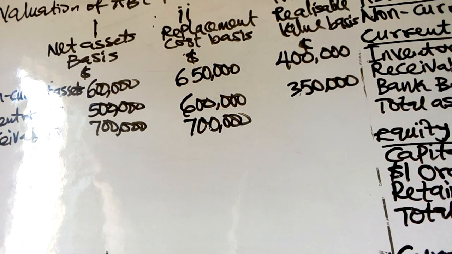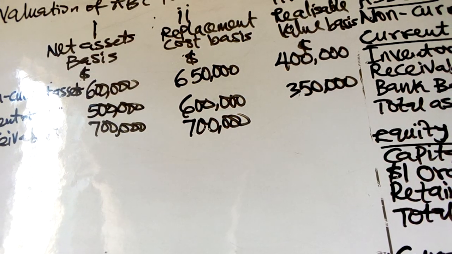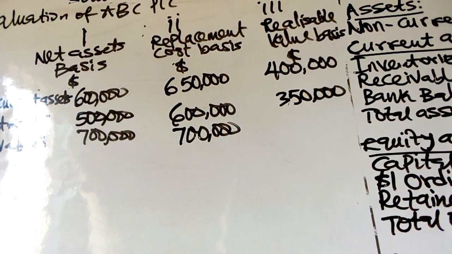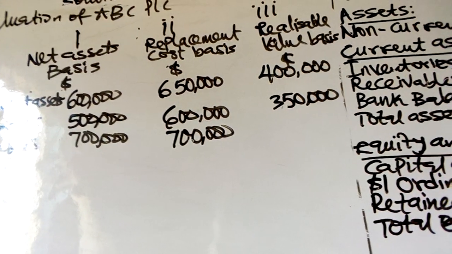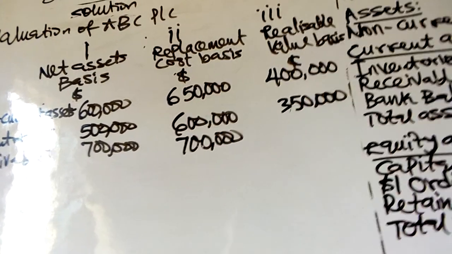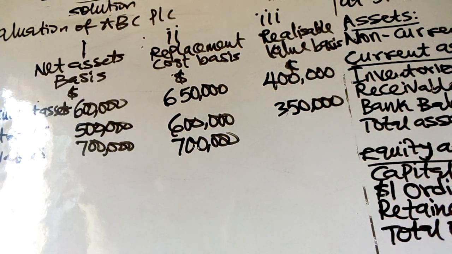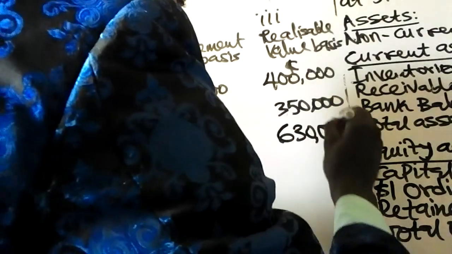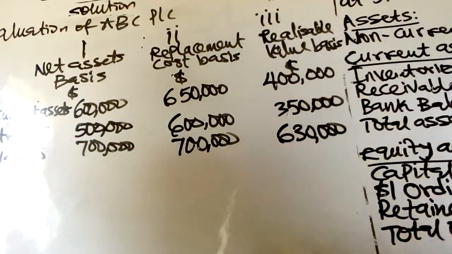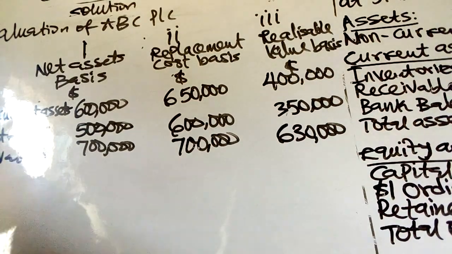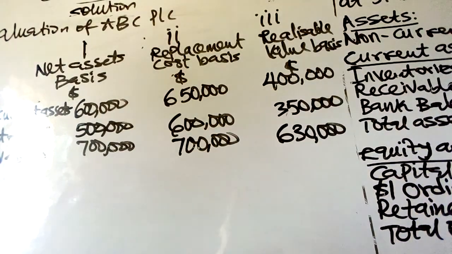So if you subtract the bad debts of 70,000 from 700,000, you'll be left with 630,000. The 630,000 represents the realizable value of the receivables.